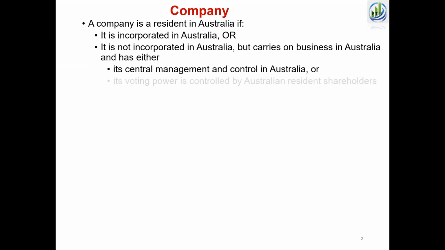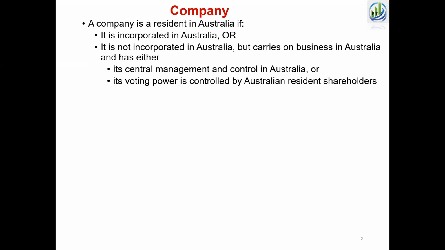Or if that particular company's voting power is controlled by Australian resident shareholders. What's the meaning? The company is registered outside of Australia, however it does some operation or business in Australia, but over 50% of the company's shareholding is controlled or held by Australian residents. In that case, that company is going to be treated as an Australian resident company for tax purposes.